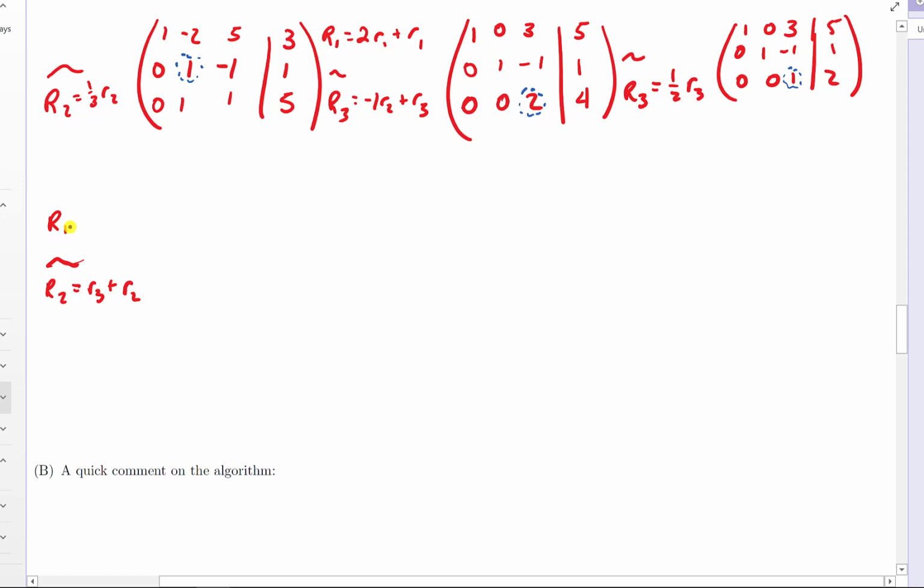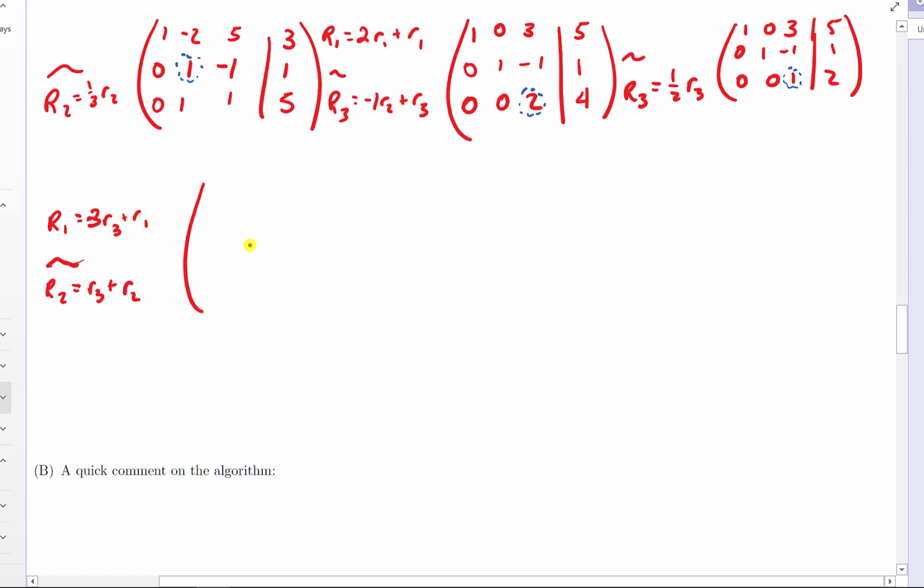And to get a 0 in this position here, we're going to take 3 times our pivot row. So this is the part that sometimes people miss. Notice I'm always multiplying my pivot row by the, oops, that should be a negative, by the opposite sign coefficient of what I'm trying to eliminate. So since I've got a 3 there, I'm going to multiply my pivot row by -3 and then add it to my current working row, row 1.